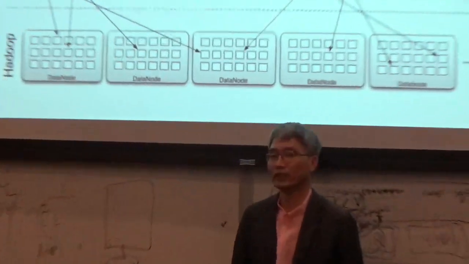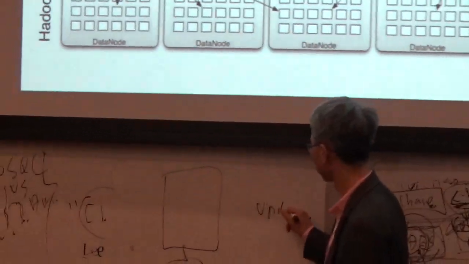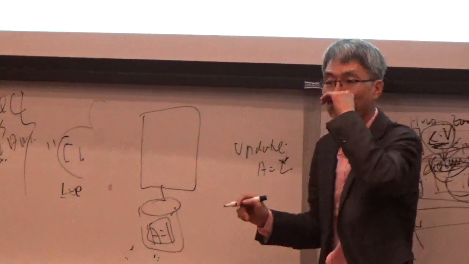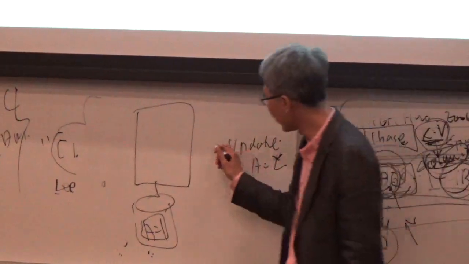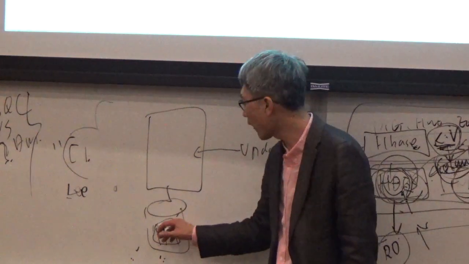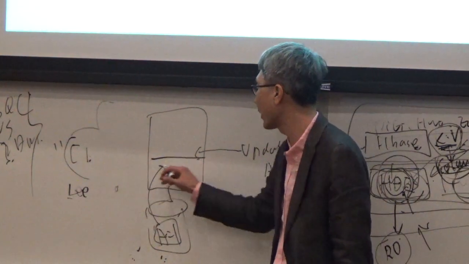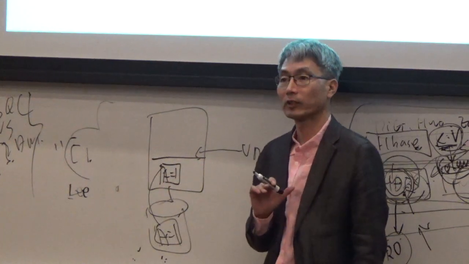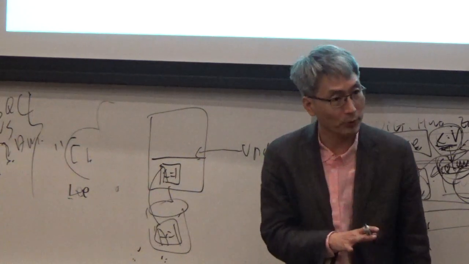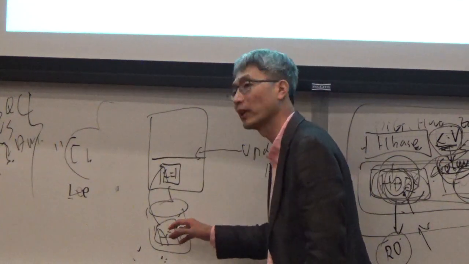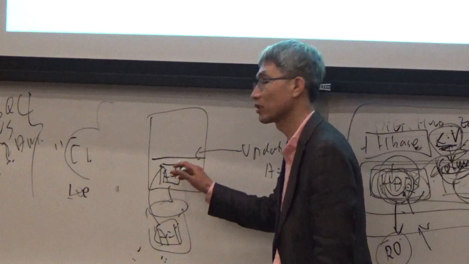A is 1, and I'd like to update A to 2. What happens? First, find the A. And this block will be copied to the memory. Right? Even the operating system uses such a way; we cannot directly update in place, it's in memory.